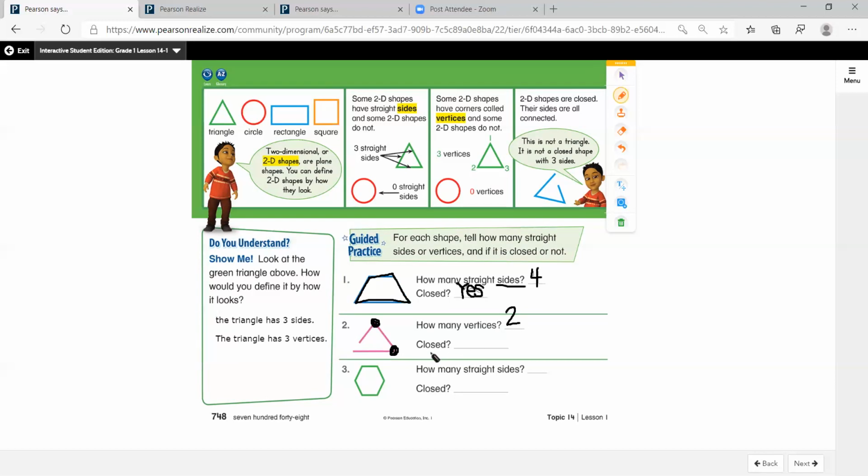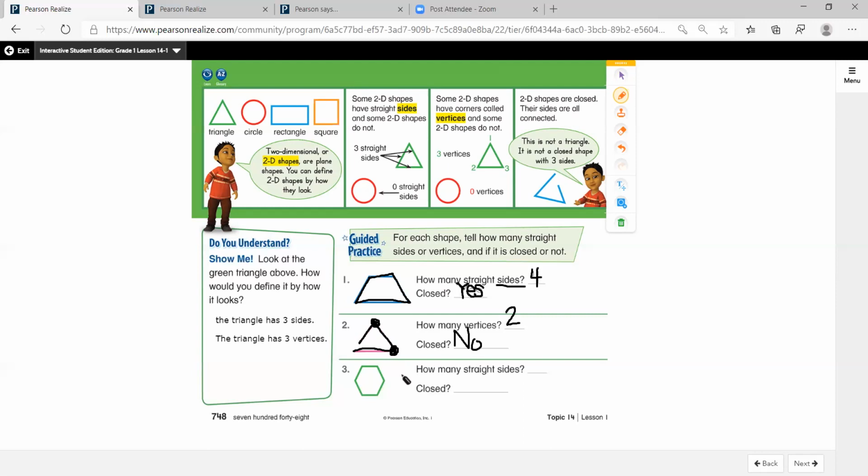Is it a closed shape? Think your answer. Say your answer. No, this is not a closed shape. If I start here and trace around my shape, I do not return to where I started. There's an opening here or a space between the sides.